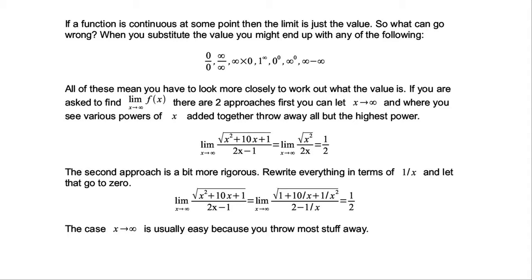If a function is continuous at some point, then the limit at that point is just the value of the function. So what can go wrong? Well, when you're trying to calculate the value of a function, you might end up with any of the following types of expressions, and these are all called indeterminate forms, and in fact they don't have any meaning.